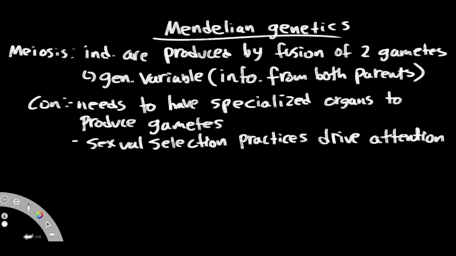A very common example is peacocks, right? Especially the male peacocks. They're very, very bright and diverse in color and have very, very large feathers in order to drive attention from the female, right? But this can also make it very difficult to run away from predators and can even be easier to spot, right? So it's very risky.